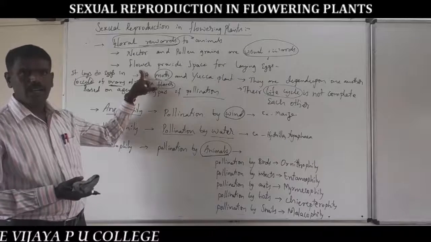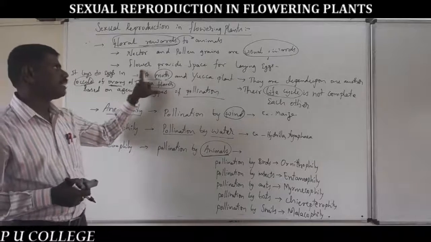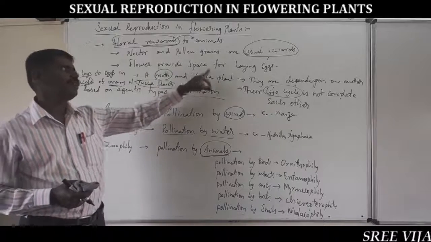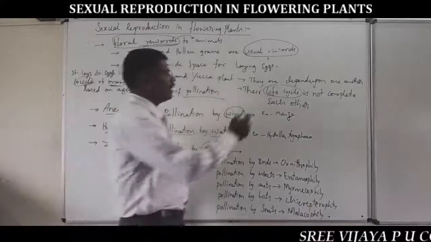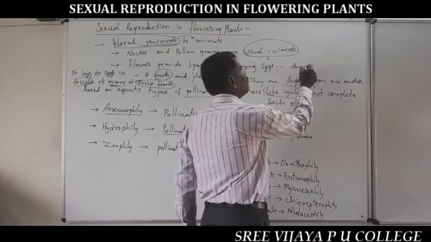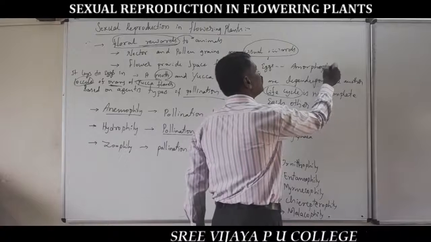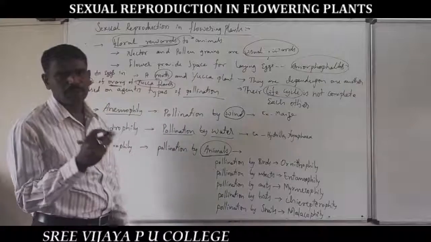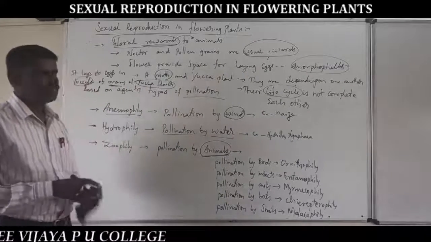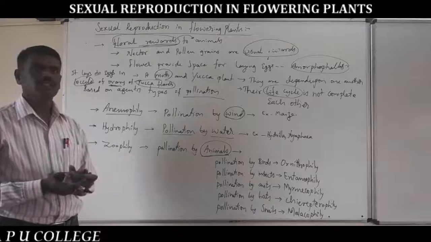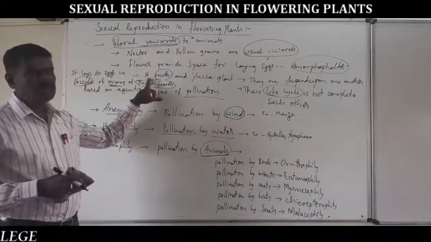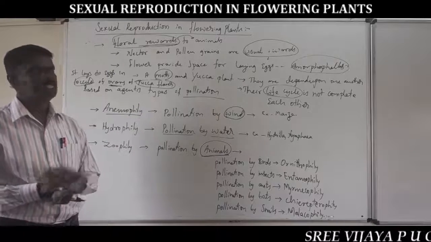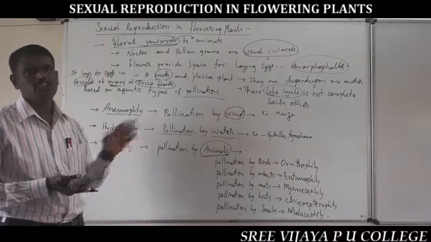Another floral reward is that the flower provides a safe space for laying eggs. That is the example we have written, Amorphophallus, one of the largest flowers, which grows to 6 feet. Another floral reward is the moth and yucca plant, which do not complete their life cycle without each other.